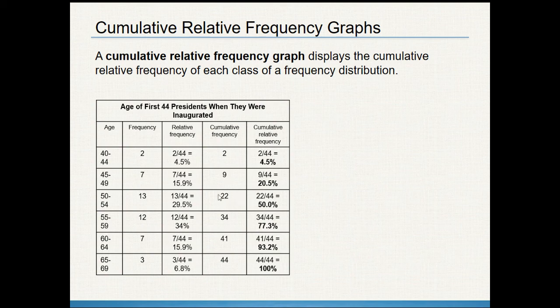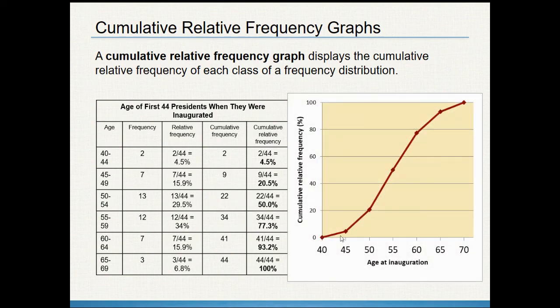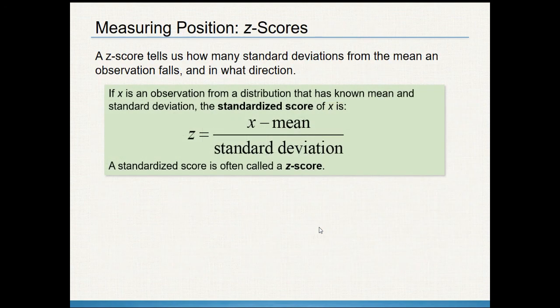And it continues. On the next line, you add 13 in there, so you have a cumulative frequency of 22. And what you see is that the cumulative frequency eventually approaches 100%, because at that point you've taken into account everything below it. You've reached 100% there.